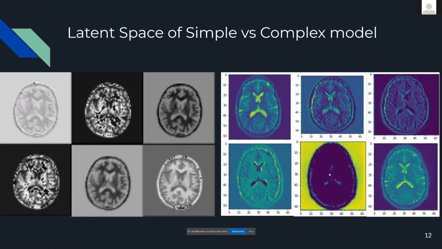What this represents is that for each MRI image through the simple model, it tries to map to each one of these 6 images. It tries to reconstruct your original image through these 6. On the right-hand side, you have the more complex model, and from the scale, it's only 64 by 64 images. These images do look a lot better, but you do see the loss of resolution.